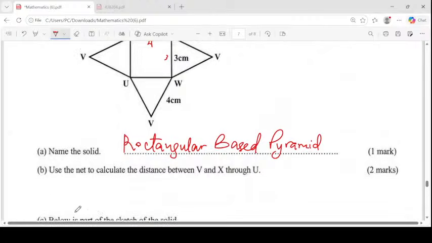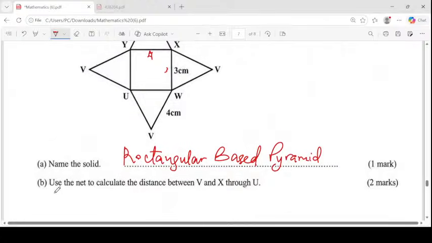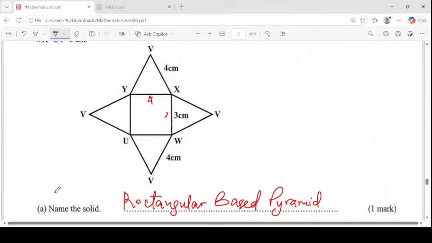Use the net to calculate the distance between V and X through U. V to X through U, let me see. How are we going to get this?